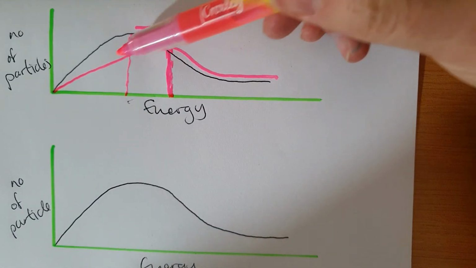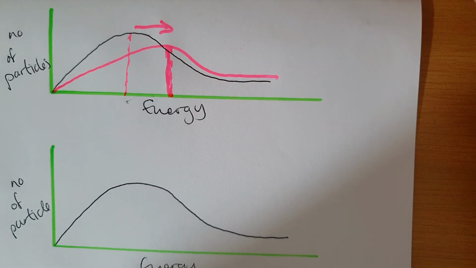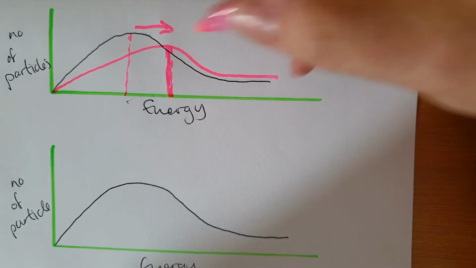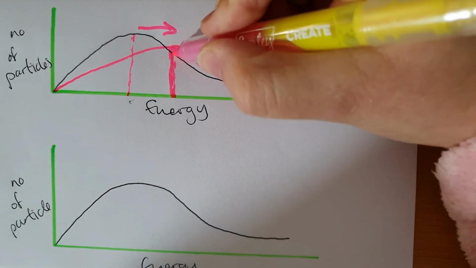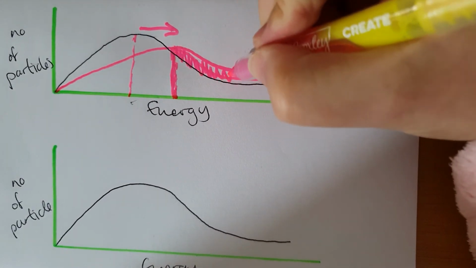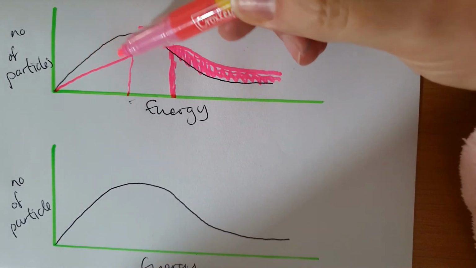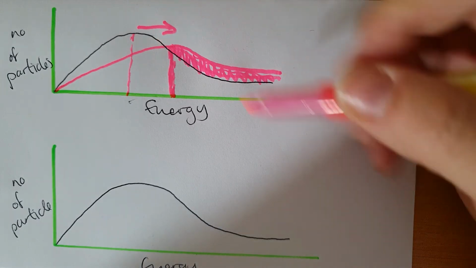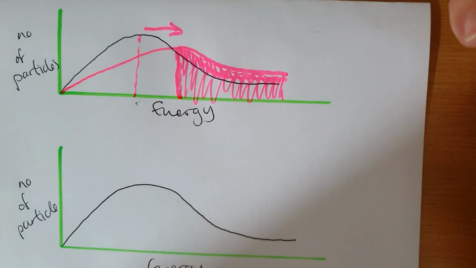Okay, so we've not decreased, or we shouldn't have decreased, the area. Actually I could have made it more like that, because the area I've now added to the graph should equal the area that we've lost from the graph. So this is now the area under the graph.